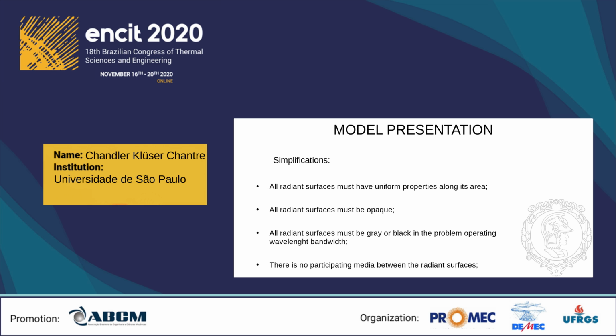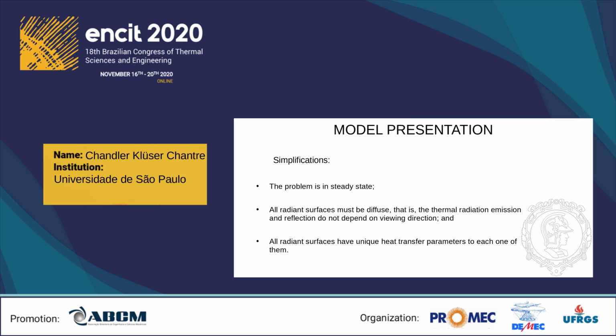There is no participating media between the radiant surfaces. The problem is in steady state. All radiant surfaces must be diffuse, and all radiant surfaces have unique heat transfer parameters to each one of them.